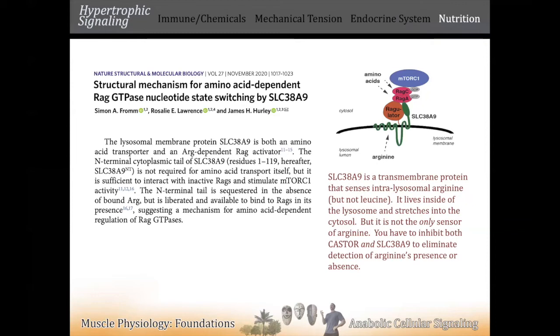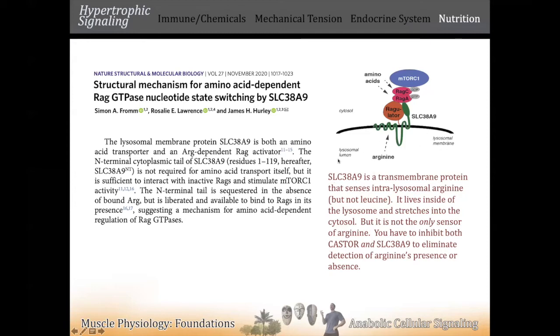Now, how are we sensing these things? What protein complexes exist in sensing? Well, in terms of mTOR's movement to the lysosome, there's at least 30 proteins involved in just moving mTOR along. But the sensation, earlier I mentioned intralysosomal amino acid sensation.